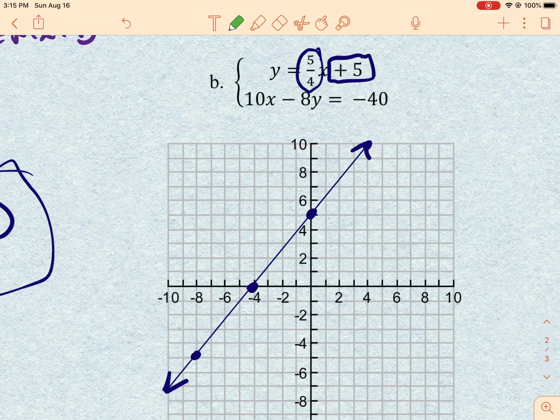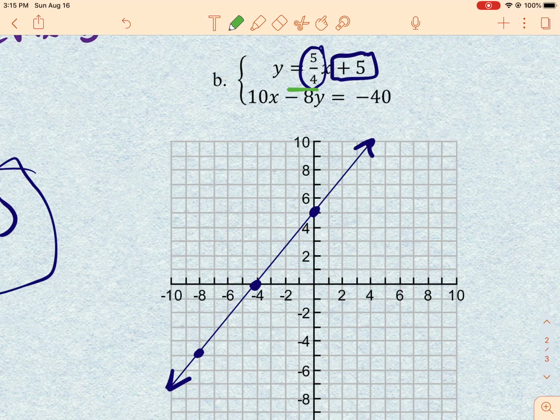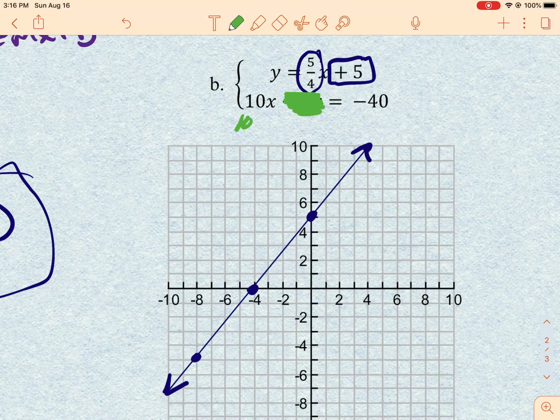So the cover-up method, instead of putting that into slope-intercept form, if I cover up, in this case, my y's, I have this statement that says 10x equals -40.